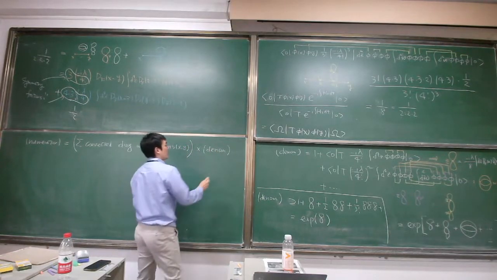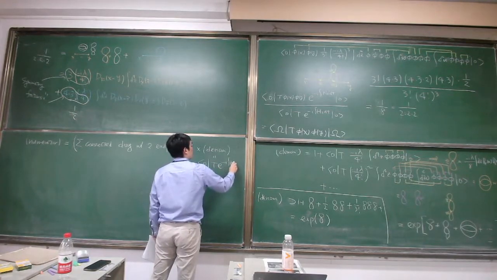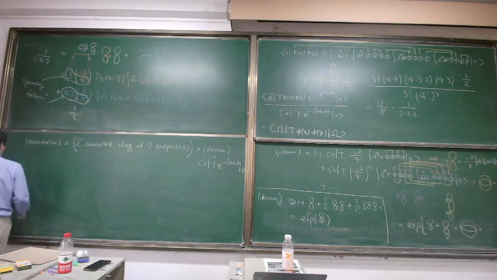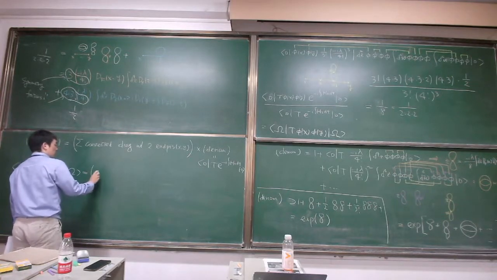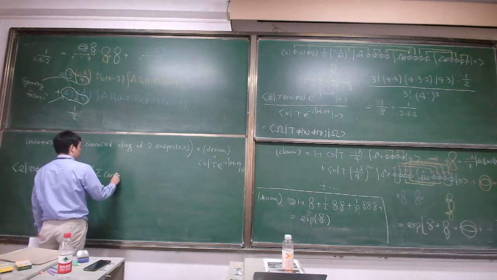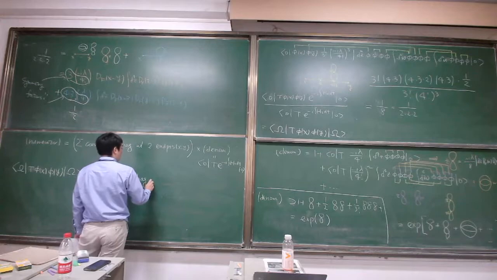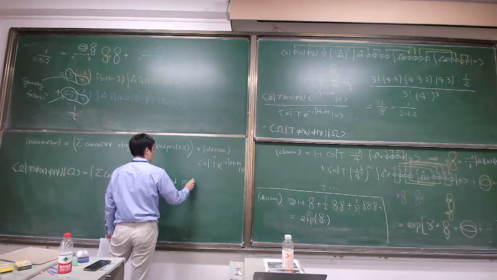So this is essentially equal to the vacuum expectation of T e to the minus i H_I dt. Okay. So therefore, this is equal to the sum of connected diagrams with two endpoints, x and y.